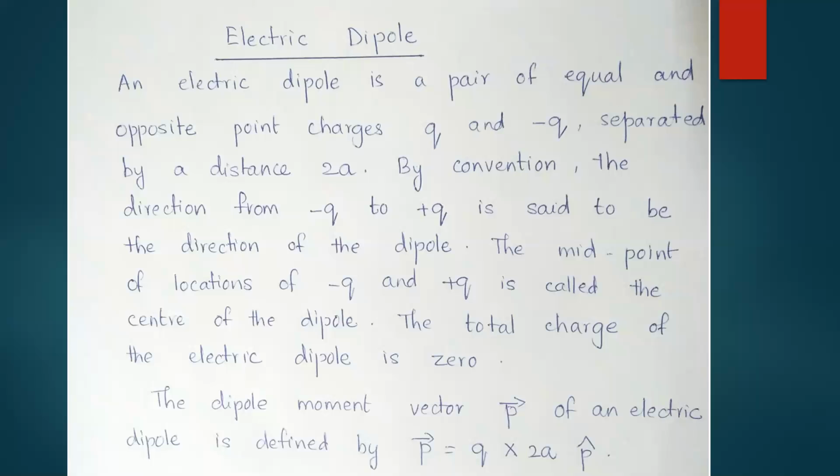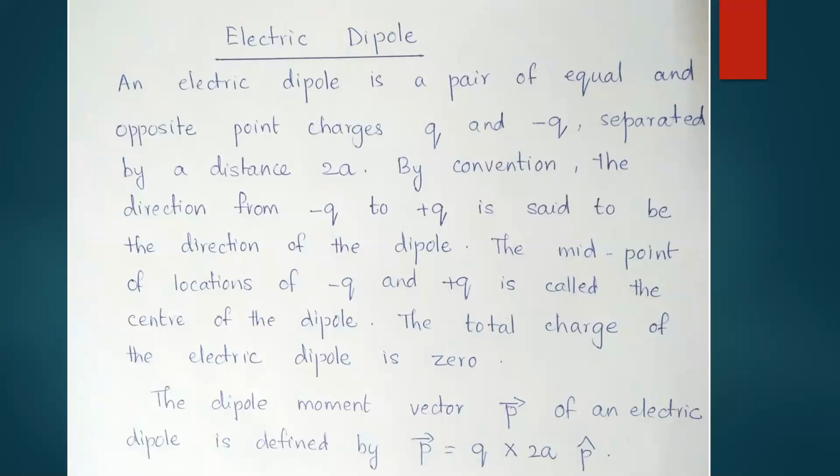The dipole moment vector p bar of an electric dipole is defined by p bar is equal to q into 2a into p cap. p bar is a vector. It is defined as the dipole moment. What is this dipole moment?